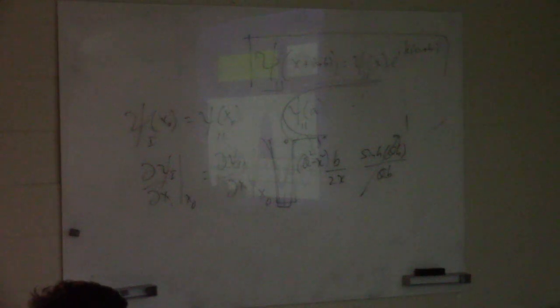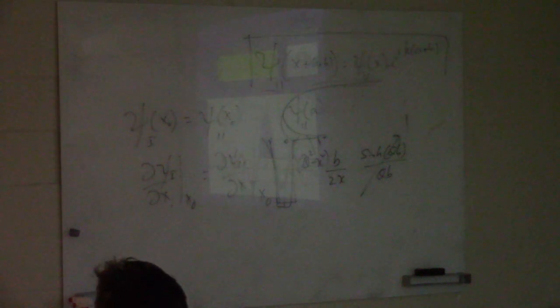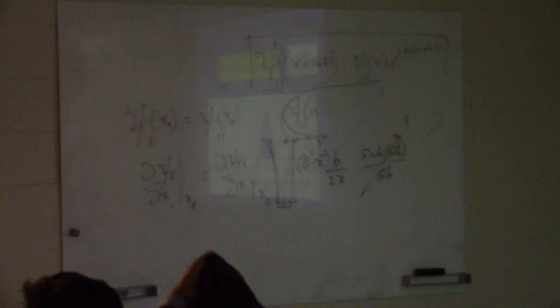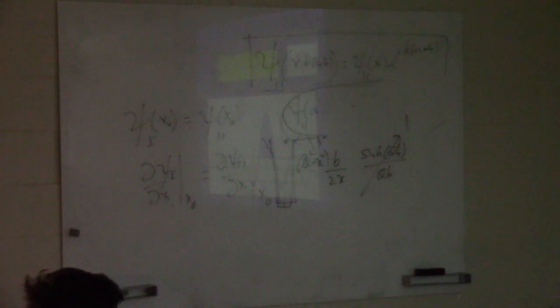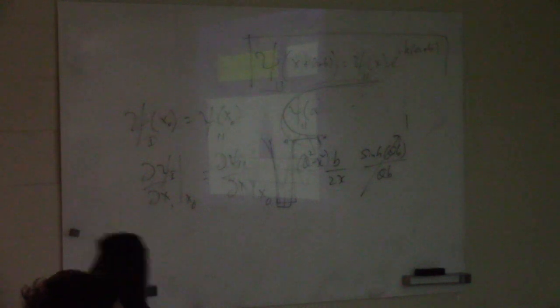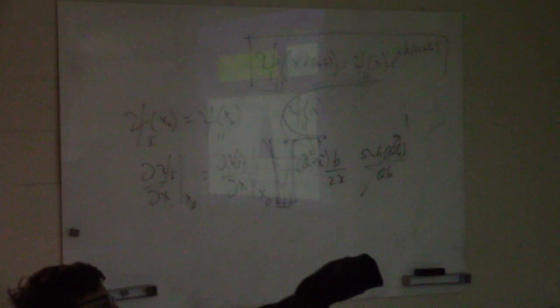If you draw your energy, because we know the energy is given by h bar squared kappa squared over 2m, or h bar squared q squared over 2m, where U0 minus E equals h bar squared q squared over 2m. From here you can calculate your E.